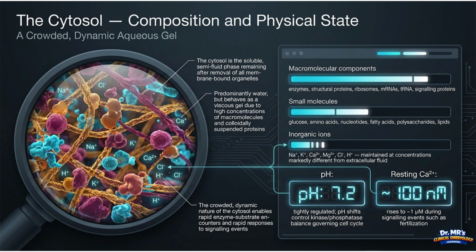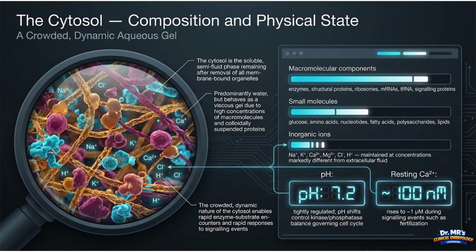Cytosolic pH is also tightly regulated at approximately 7.2. This matters because shifts in pH directly control the balance of kinase and phosphatase activity that governs cell cycle progression. An oocyte with dysregulated cytosolic pH will have dysregulated cell cycle control, and dysregulated cell cycle control leads to abnormal chromosome segregation and aneuploidy.